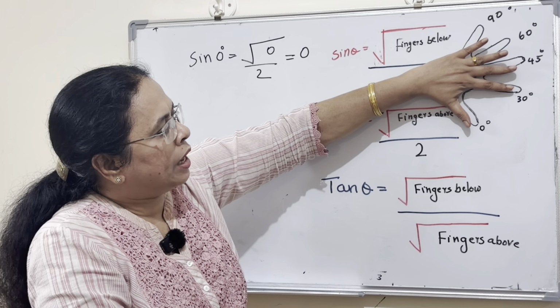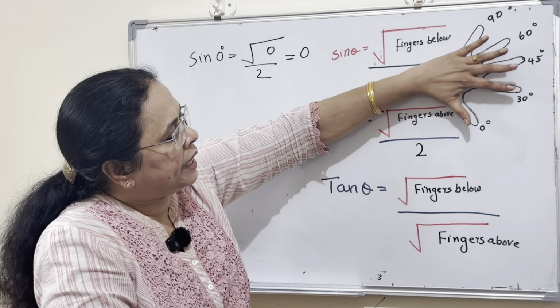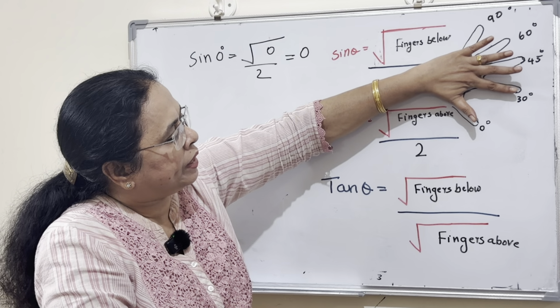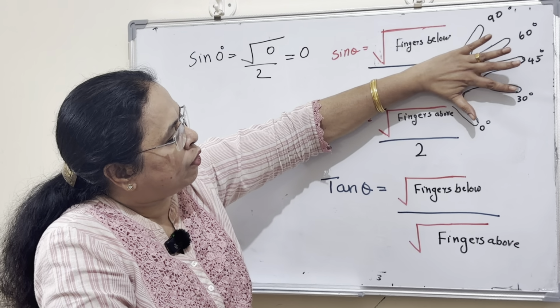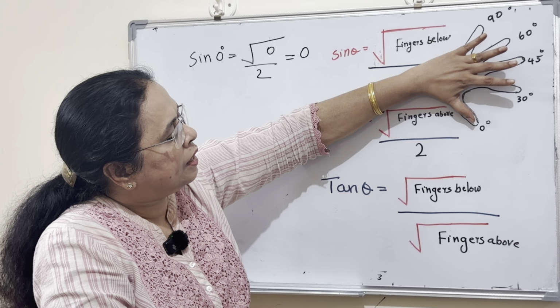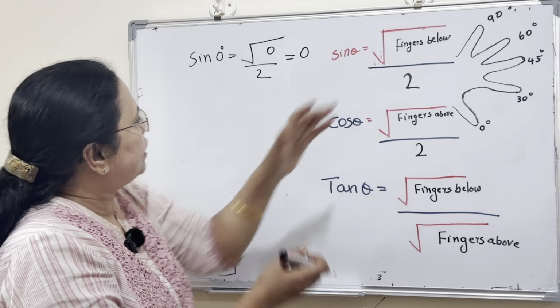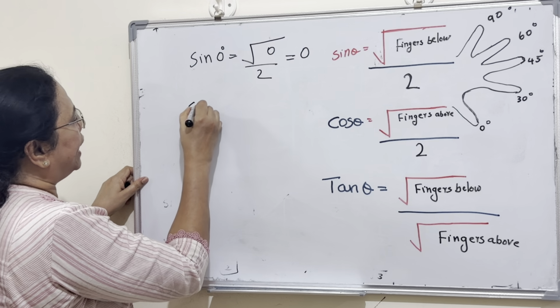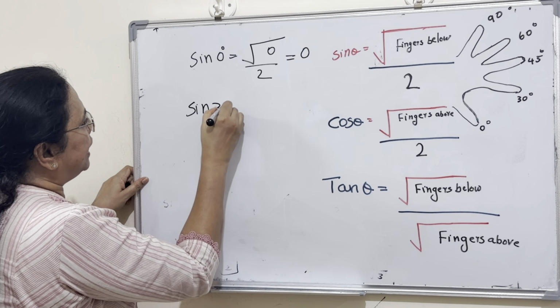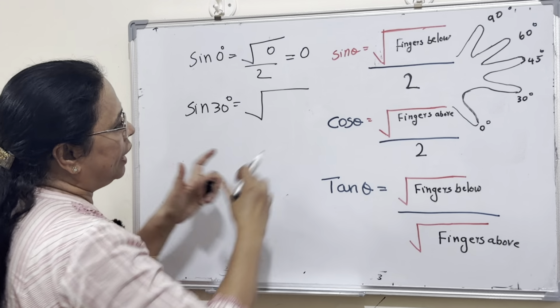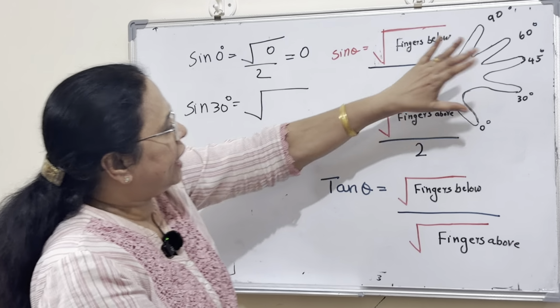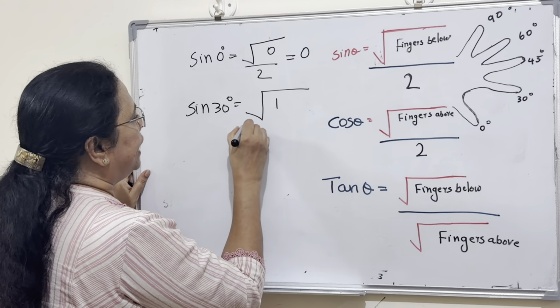Now you are going for sine 30 degree. 30 degree is the forefinger, right. Below this forefinger how many fingers are there? One finger, right. So sine 30 degree is under root fingers below, which is one finger, divided by 2.